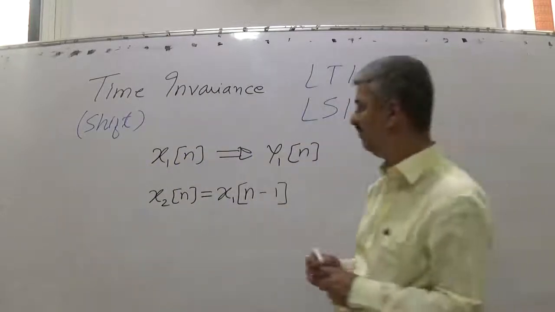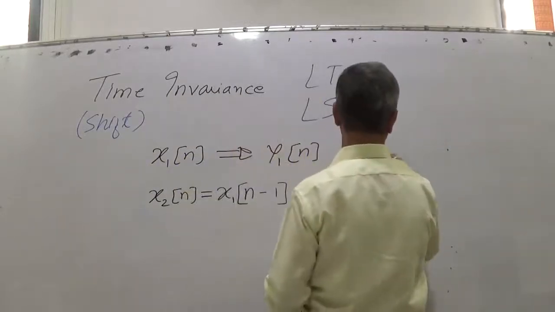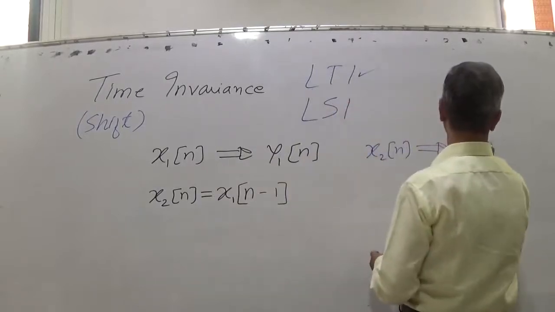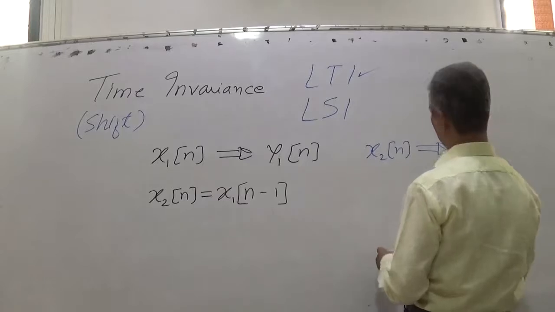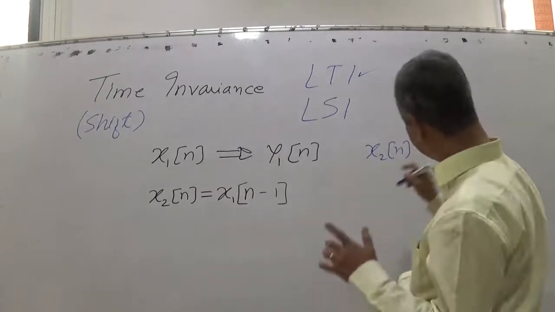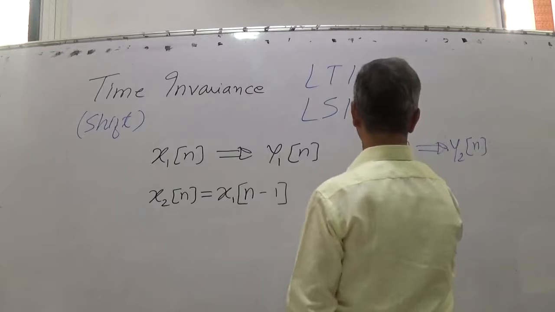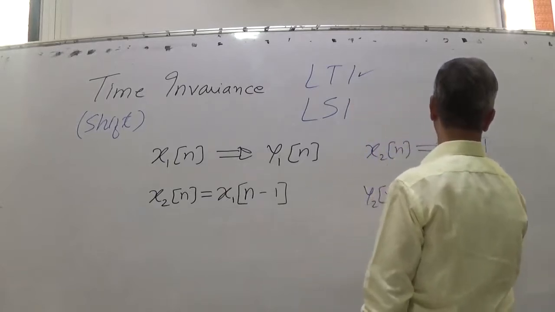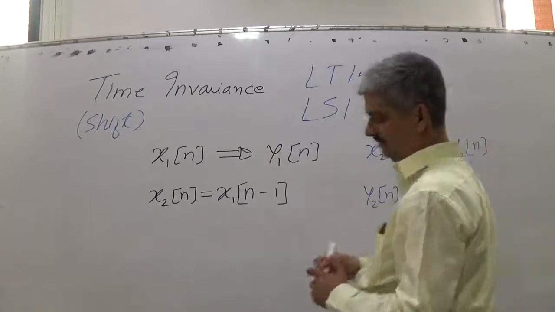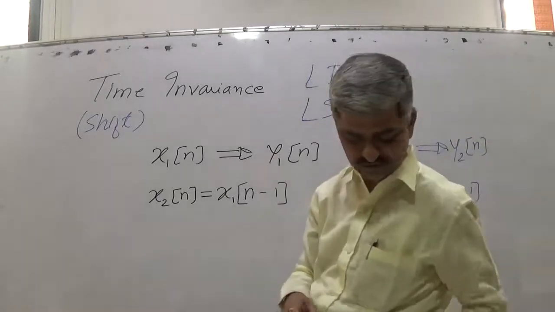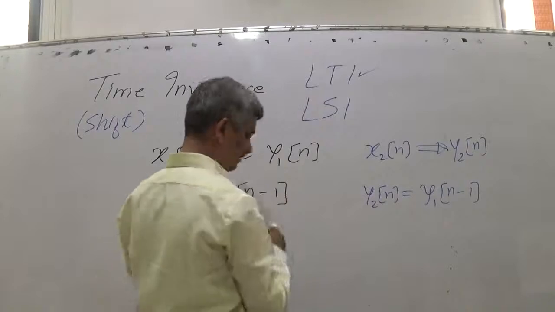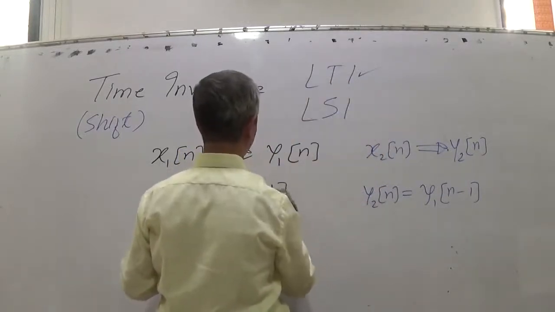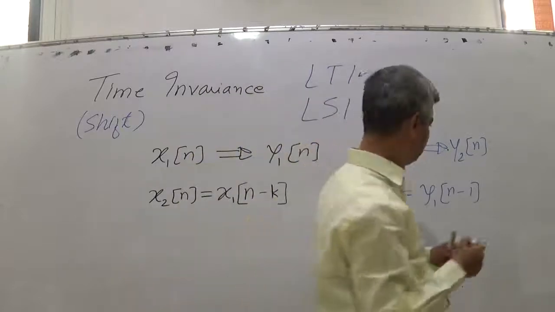Then if I apply such x2[n] to the same system, the system will generate y2[n]. And if the system is shift invariant, then y2[n] must be y1[n-1]. Or in general, instead of 1, we can call it any shift, by shifting by k samples.